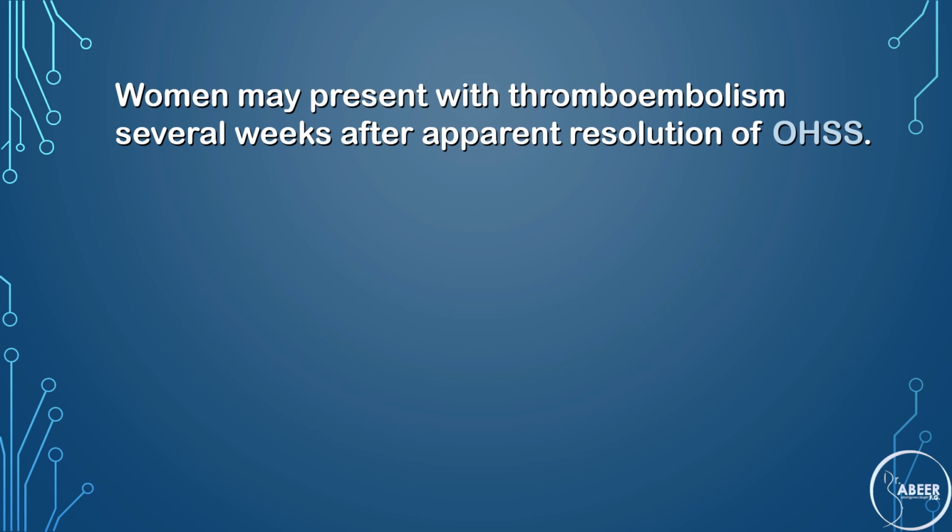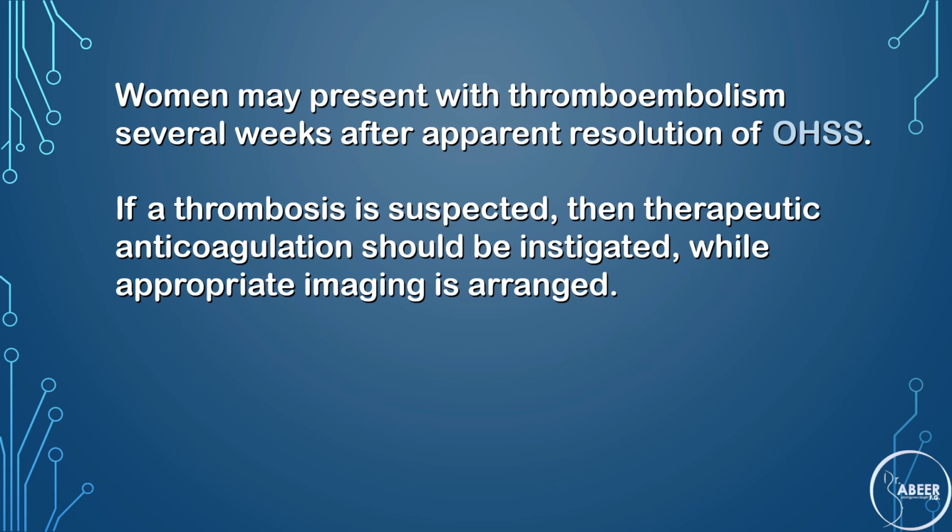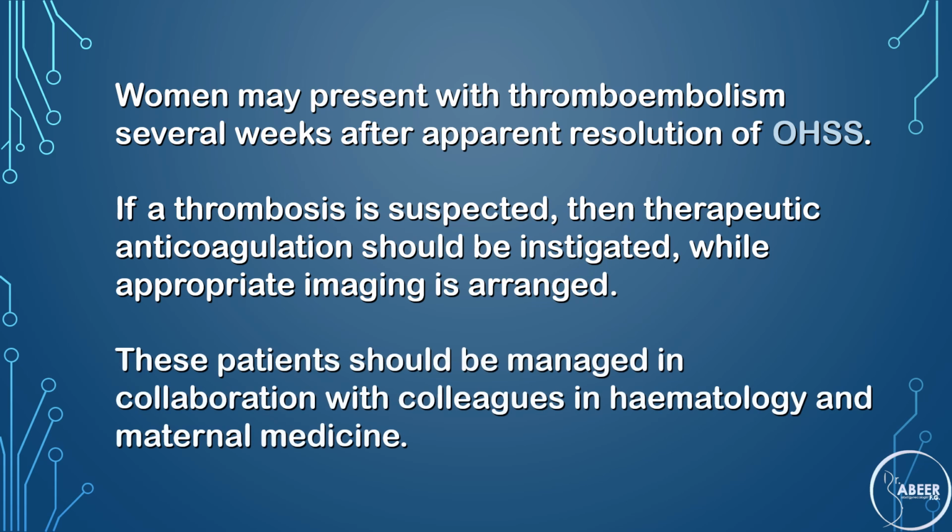Women may present with thromboembolism several weeks after apparent resolution of ovarian hyperstimulation syndrome. If a thrombosis is suspected, then therapeutic anticoagulation should be instigated while appropriate imaging is arranged. These patients should be managed in collaboration with colleagues in hematology and maternal medicine.